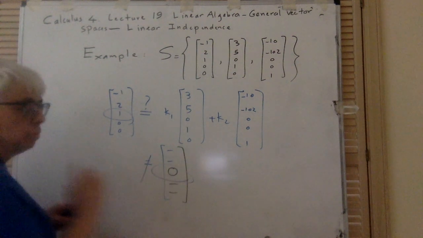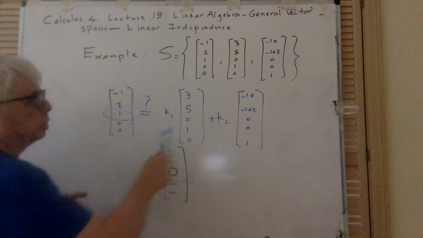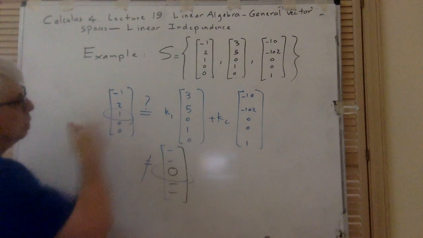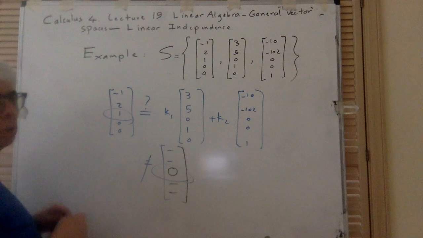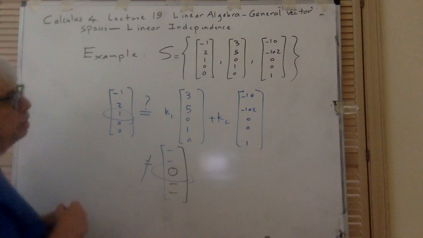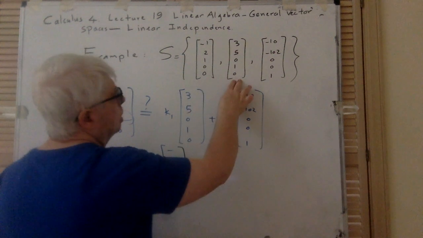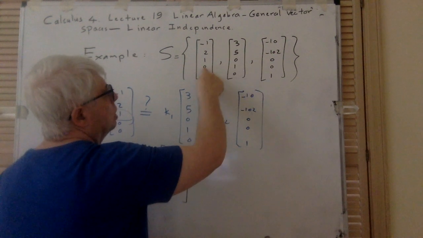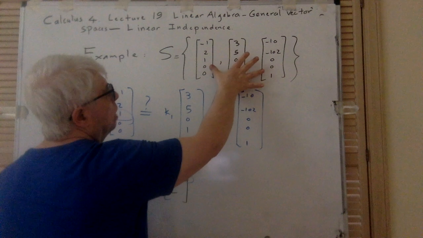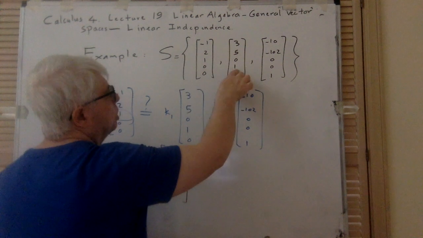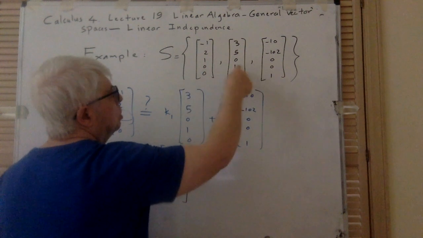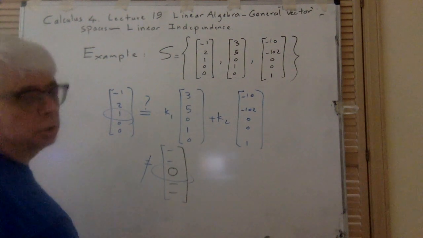And this can never be anything but 0 because of these two, and this is 1 by definition. So these two can never be equal. You can check the other ones too: if you take this one, it has 1 here and 0 here and 0 here, so if you add them with any coefficients you will get 0 here for these two, but it is 1. And the third one too.